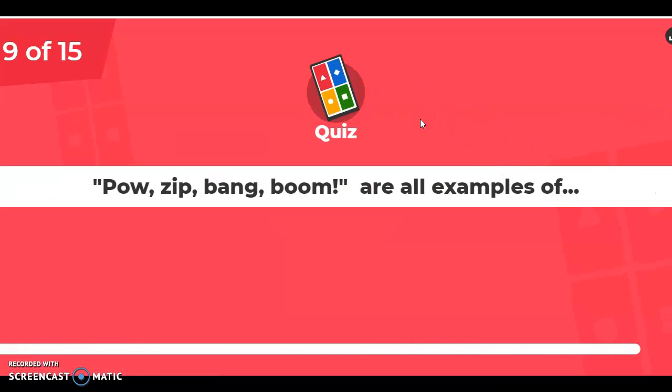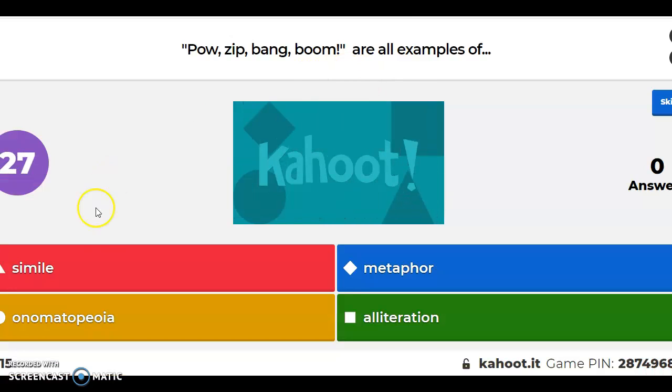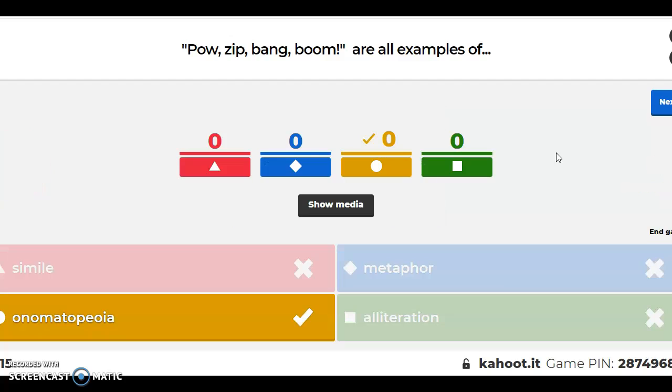Pow, zip, bang, boom are all examples of simile, metaphor, onomatopoeia, alliteration. Onomatopoeia.